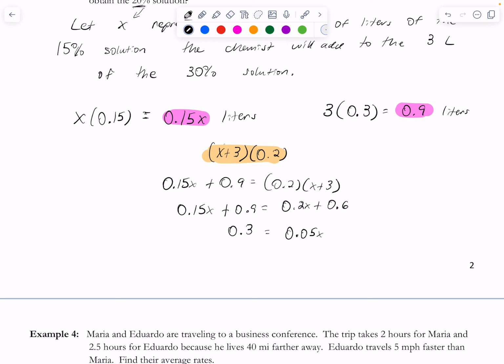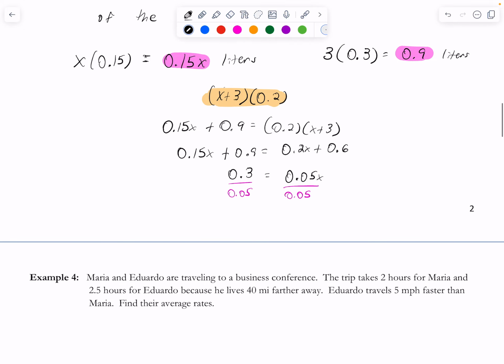Now, you guys would have done this even last year with your geometry. I know we're doing it right now in my geometry class. If you wanted to multiply everything by 100, you would get 5x equals 30. But you don't have to, you can just use this. We're just going to divide both sides by 0.05.